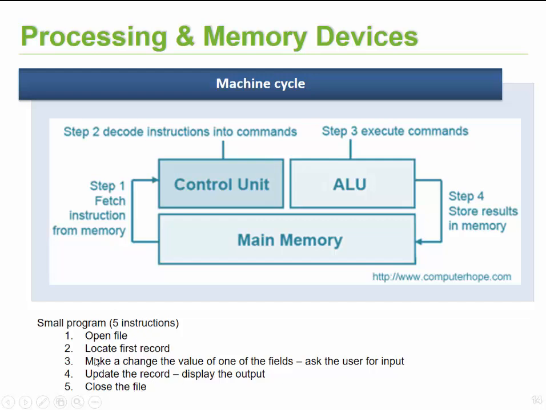So each one of these 5 things will go through machine cycles, and these steps will be continuously executed. Now again, just for interest's sake, it's not just going to be 5 instructions, it might be a multitude of instructions. So typically something like this could have been thousands of instructions.